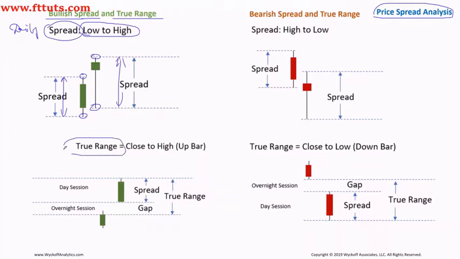The true range is something different. The true range occurs when we have a condition of a gap. And therefore, during the overnight session, institutions have traded this stock, and their trading advanced the price further up, and on the open, the price was higher than the previous close, and that's what has created that gap.